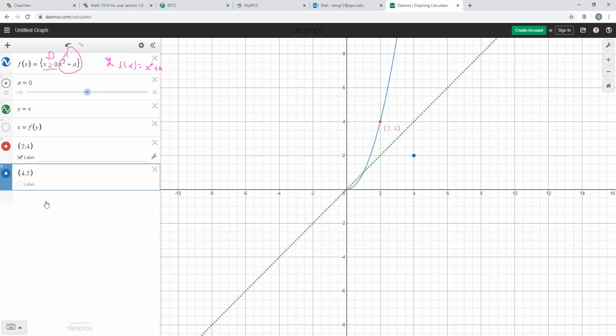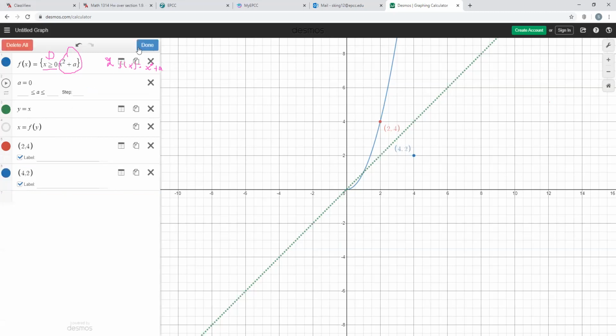is clearly right here. And let me pick a different color. Maybe, decisions, huh? Let's say orange. Okay, so notice 2, 4 on the original function will invert and become 4, 2.